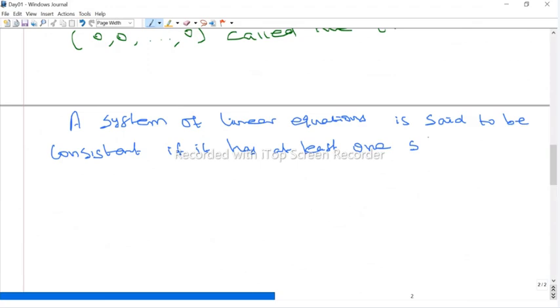If at least one solution exists, then we say the system is consistent. Otherwise, we call it inconsistent.